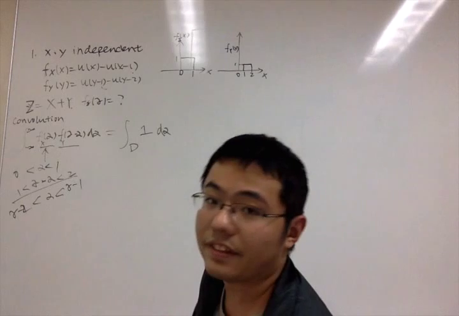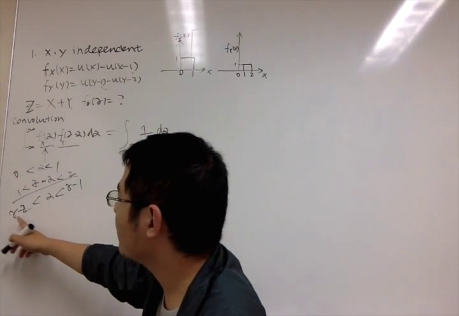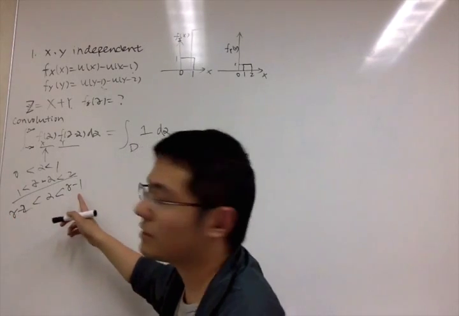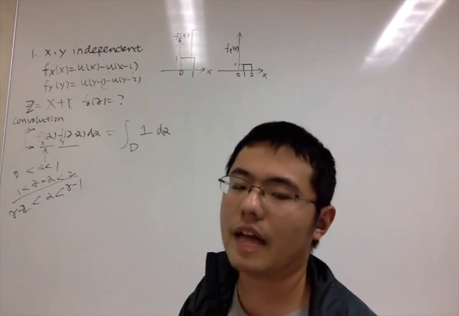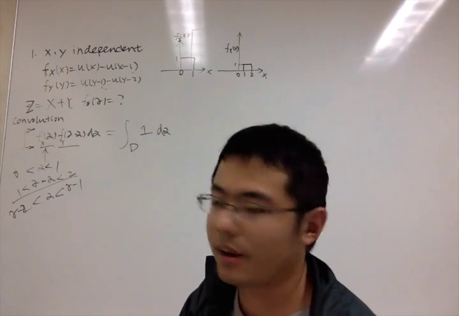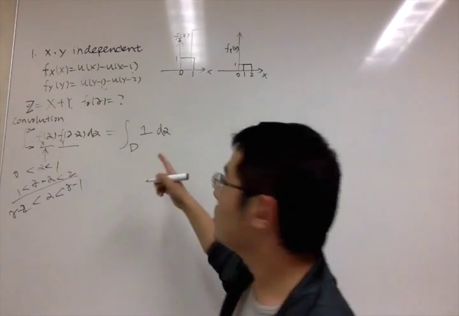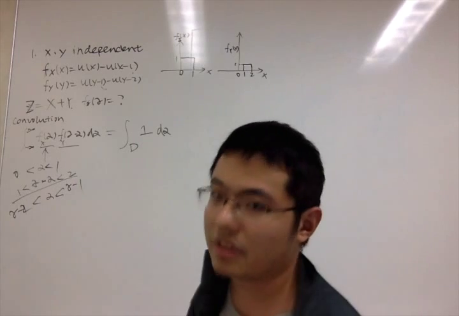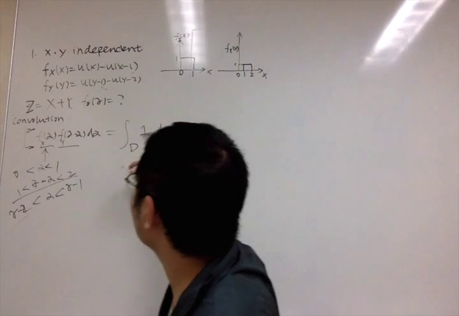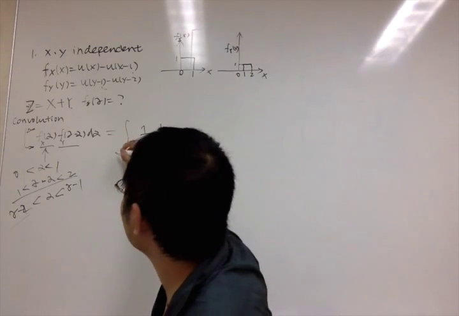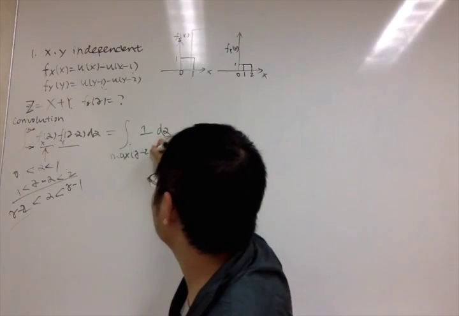So now we have that alpha is between 0 and 1, and it's also between z minus 2 and z minus 1. So what's the range of alpha? It must be the common region of these two intervals. The lower limit should be the maximum of z minus 2 and 0.